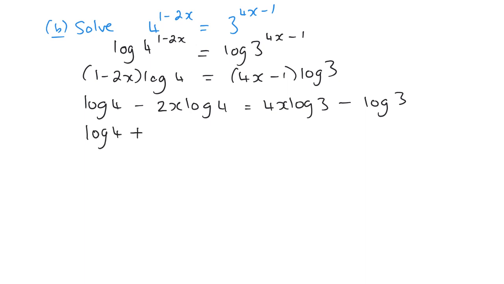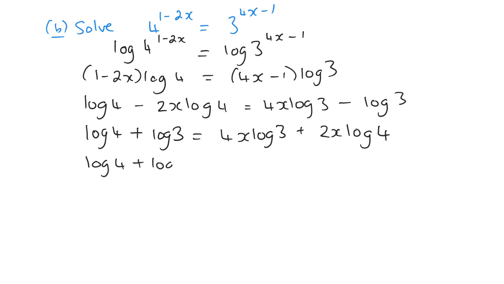So log 4 plus log 3 on the left-hand side. And we've got 4x log 3 plus 2x log 4 on the right-hand side. The left-hand side stays the same. On the right-hand side, then, we want to take x out as a factor.